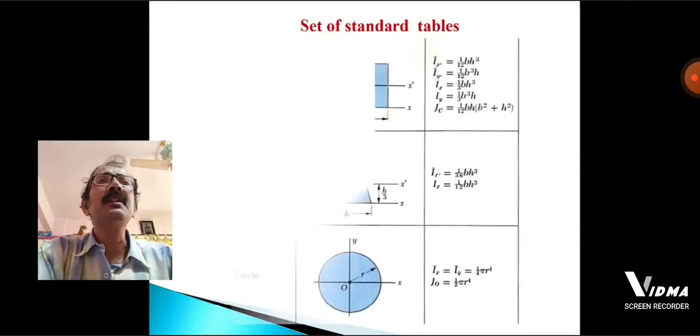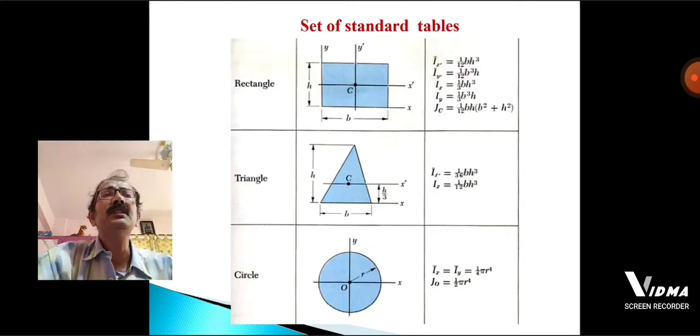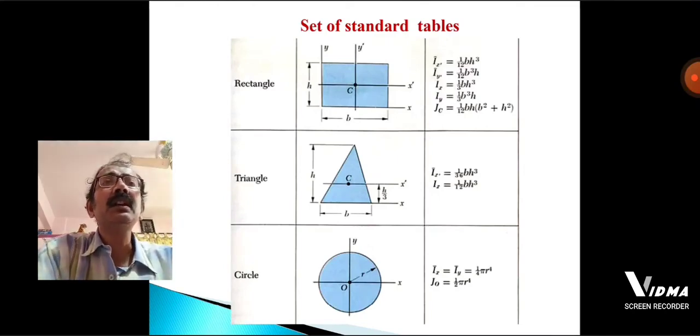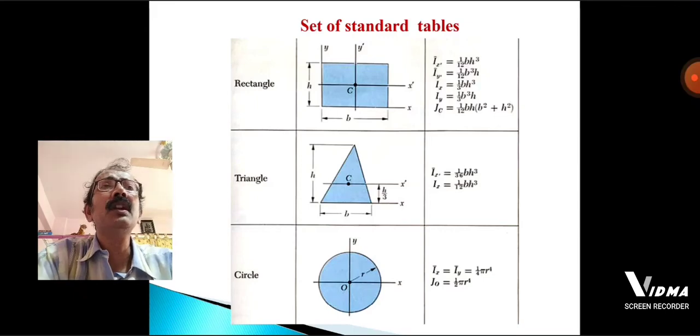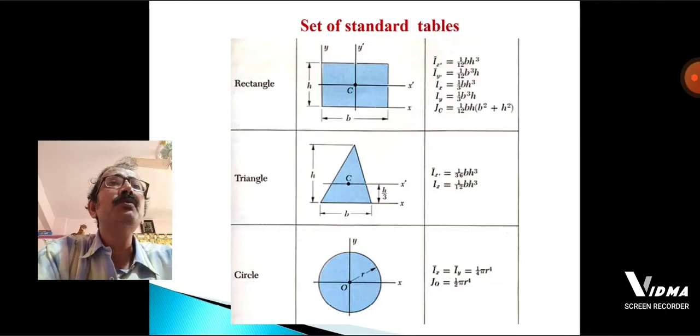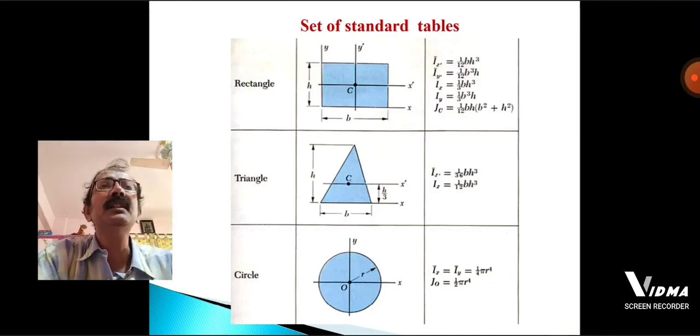Now the standard table. If you see this table, there is rectangle, triangle and circle. In the case of a rectangular area, if we consider the centroidal axes x dash and y dash, then I_x dash, the moment of inertia about the x dash axis, is bh cube by 12, where h is the height and b is the width.